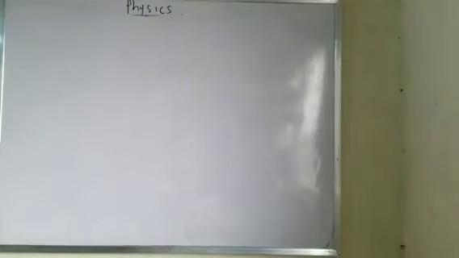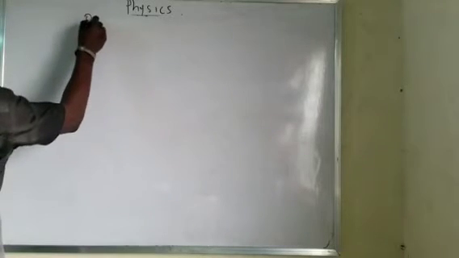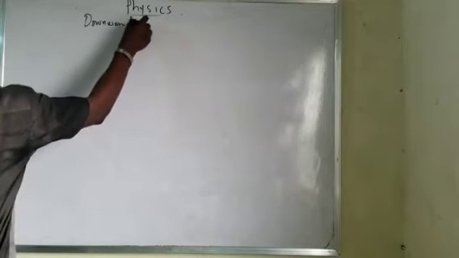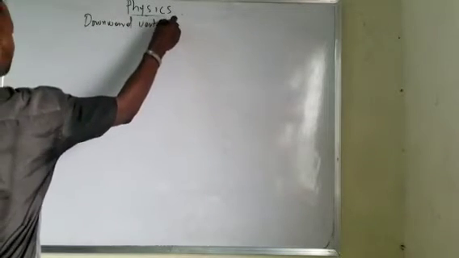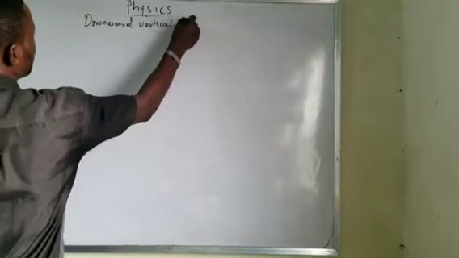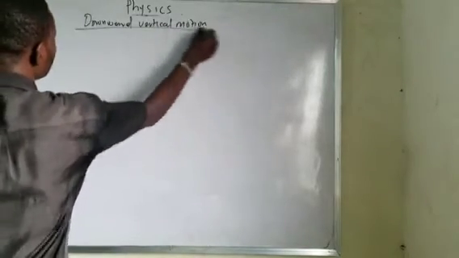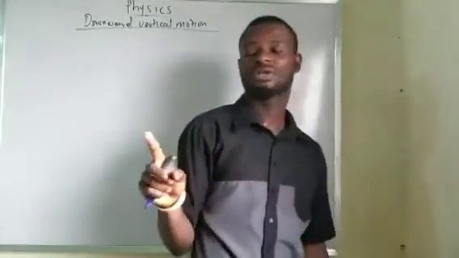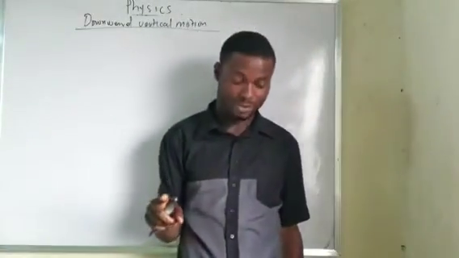Let me just work on the downward vertical motion. We are done with the other one; now it is downward vertical motion. It means this time around it's coming down. It's not against motion; I mean, gravity is supporting the motion.